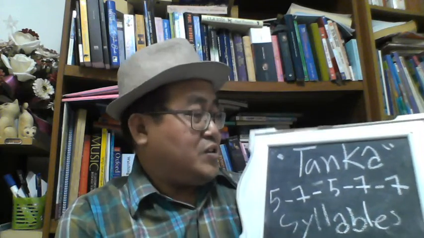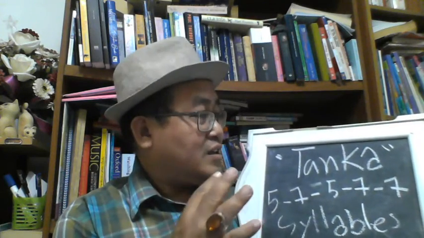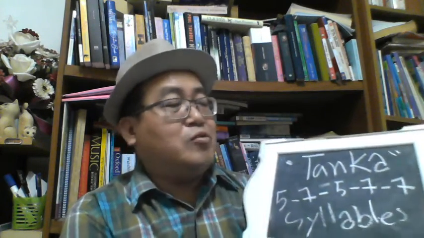So I'm gonna share with you a tanka. I wrote one actually, and this is the tanka that I just composed. So the first line, okay, sounds of young children.